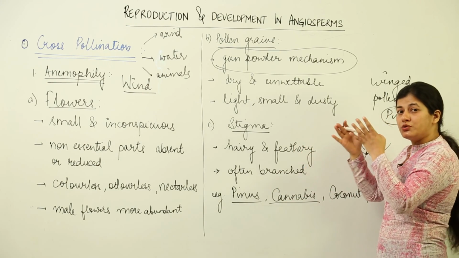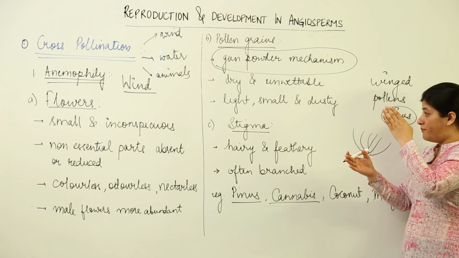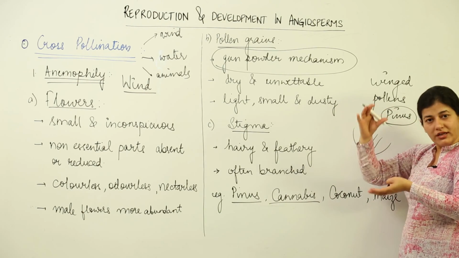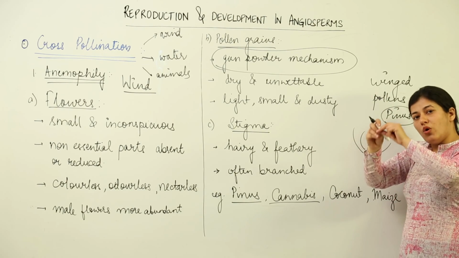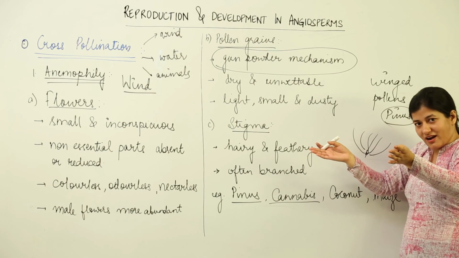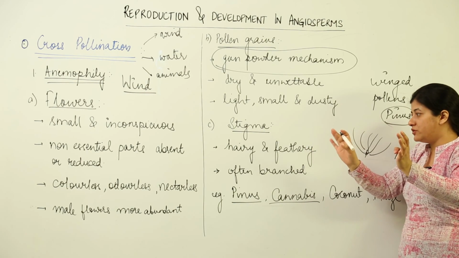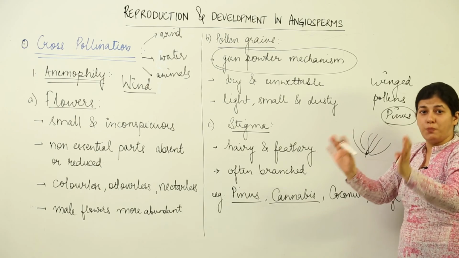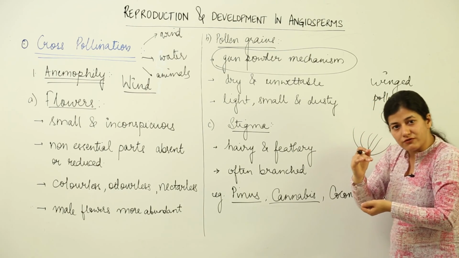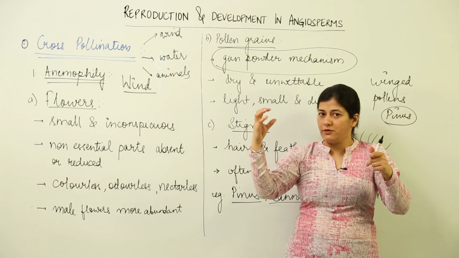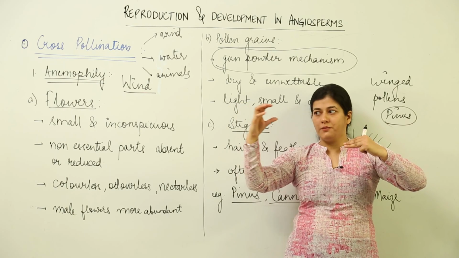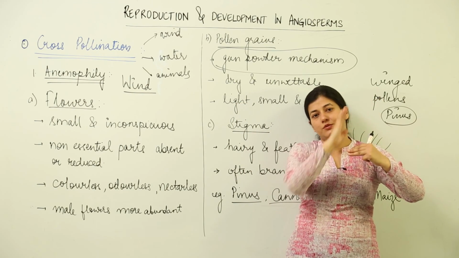Secondly, in order to enable the best usage of this agency, the inflorescence is such that the female flowers are well exposed, and they have a compact inflorescence, so that supposedly if a winged pollen comes over here to this part, that is the stigma, and goes past, this would be wasteful.